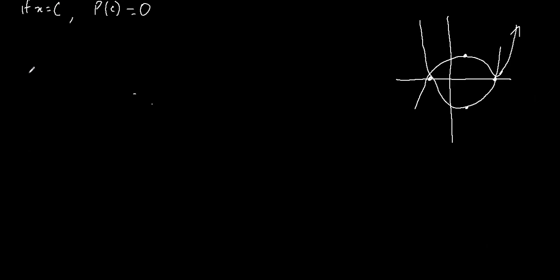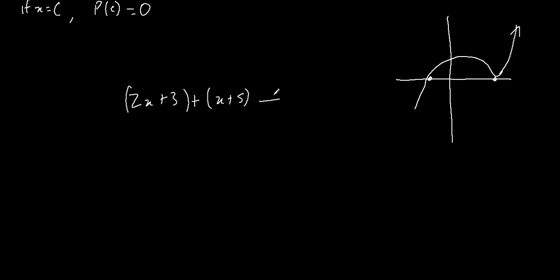If I have 2x plus 3, and I add that, not multiply, to x plus 5, this is just going to get me another polynomial, p of x. In this case, p of x would just be 3x plus 8, which, as I said before, is another polynomial.